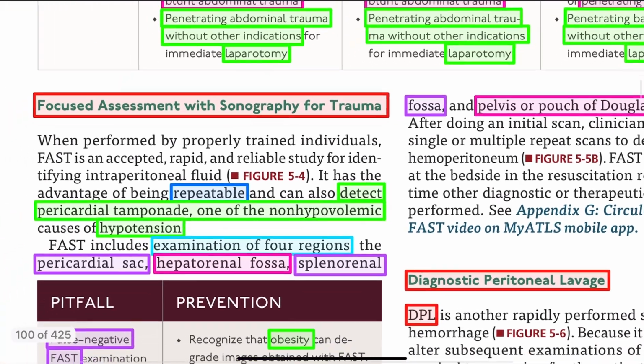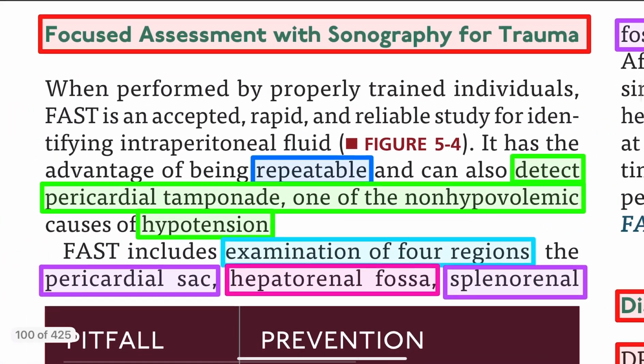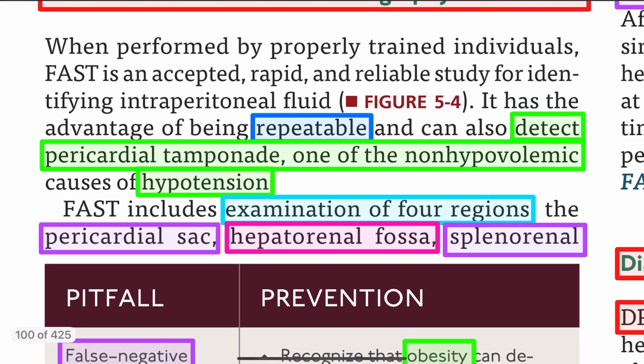So a few important points regarding FAST. It can also detect pericardial tamponade. Pericardial tamponade is one of the non-hypovolemic causes of hypotension. There is no loss of blood, still the patient is hypotensive in pericardial tamponade. So this you can diagnose with the FAST.